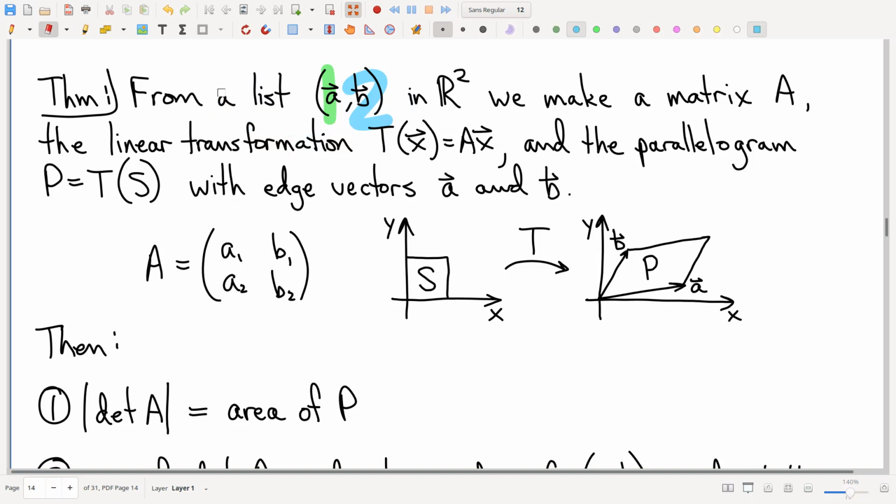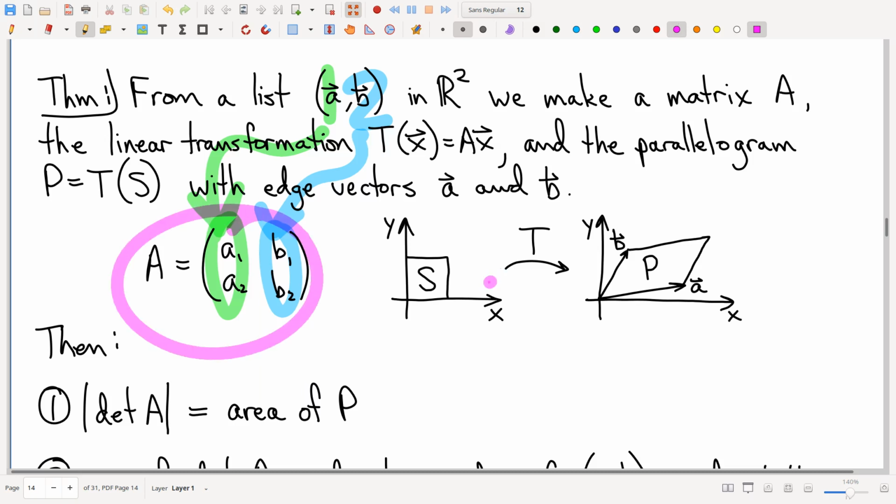We're going to make a matrix by making the first vector the first column and the second vector the second column. Now, I just made that up, right? But again, I'm going to make these things and I'm going to talk about them later. Okay, so that's how I'm going to make a matrix from a list.